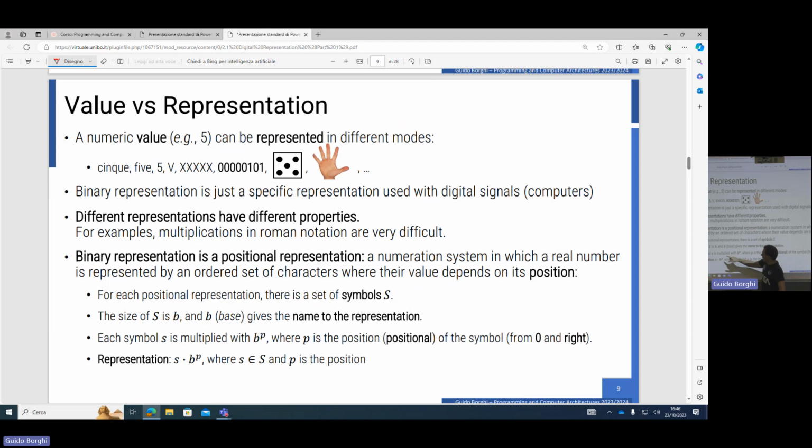Each symbol S in our positional representation is multiplied by B to the P. That's all the math that we are going to see together today.